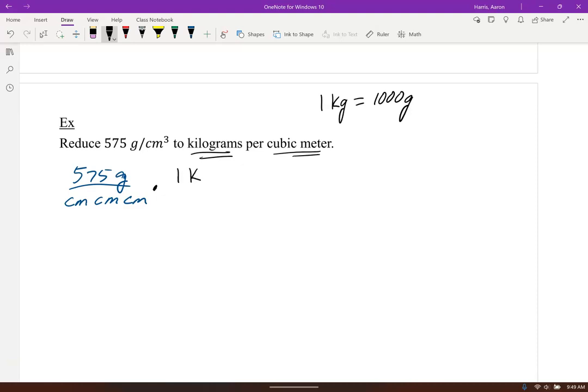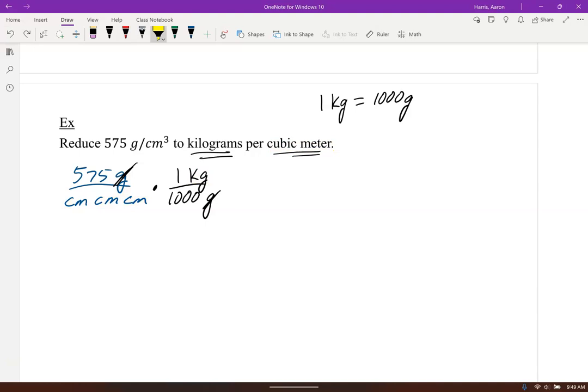For every kilogram, there's 1,000 grams. Grams are gone. Now we're in kilograms per cubic centimeter. Kilograms is good, but I want it per cubic meter.